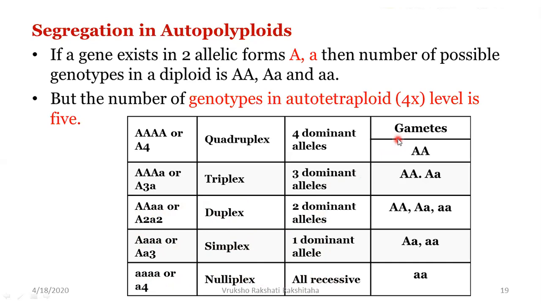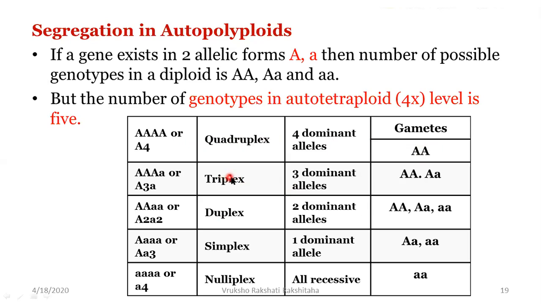Now let us look into the types of gametes formed. In quadruplex, what is the possibility of the gametes? All the gametes produced will be capital A, capital A. That is, only one type of gamete is produced. Now, let us look into triplex.